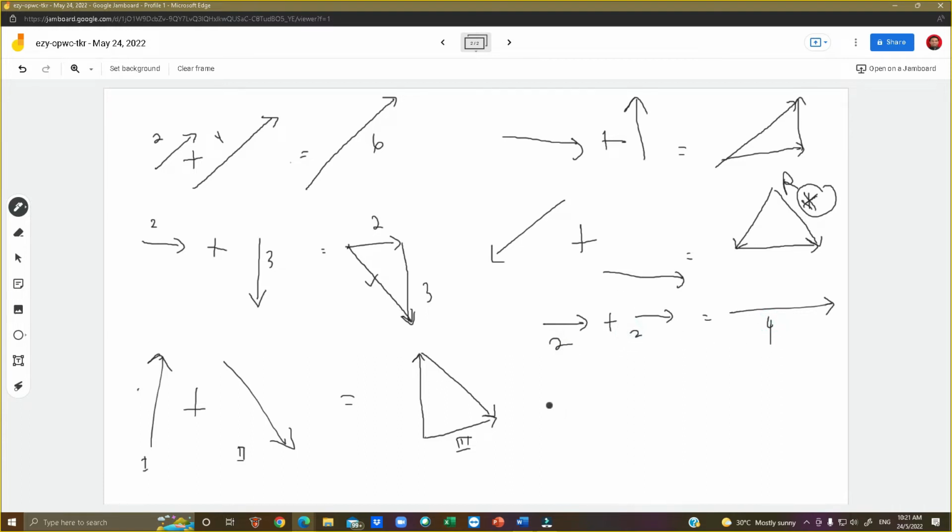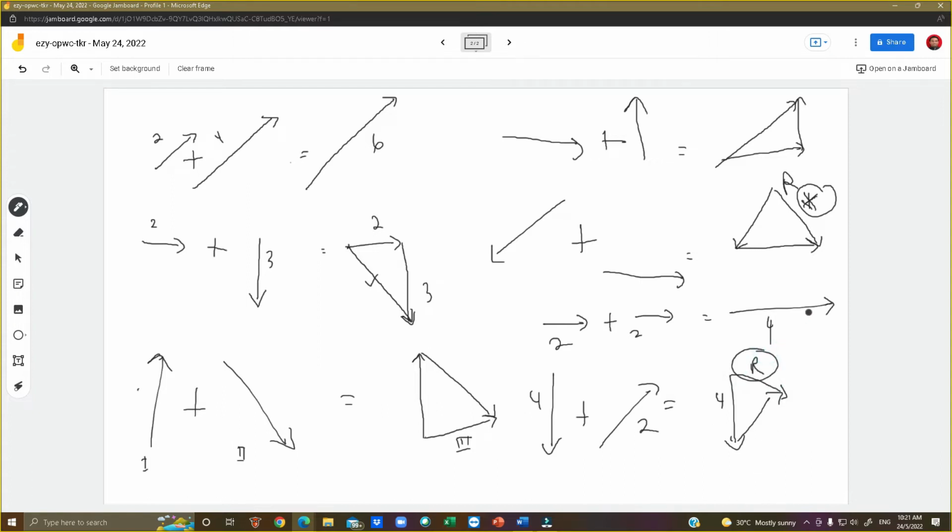But if the direction is not similar, the way for you to find out the resultant is by using tail to head. Okay, one goes downwards. Say this is 4 cm, so this is going to be 4. Say this is 2 cm, so this is going to be 2. So the result is tail to head. This is the resultant.